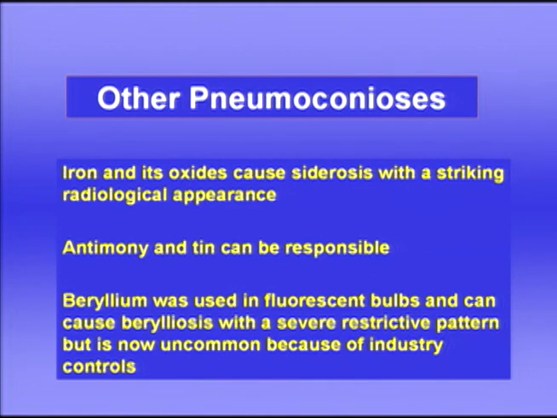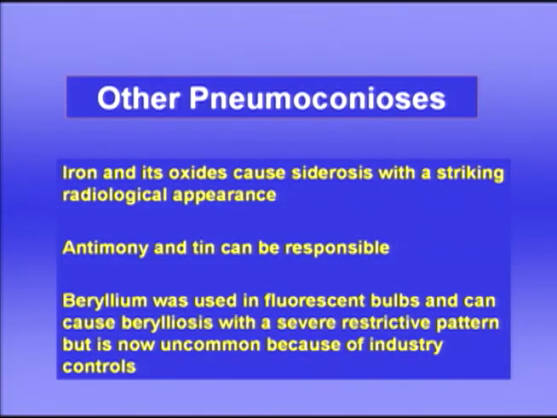The radiograph shows very, very black marks on it because the iron absorbs the X-rays, of course, and so you get tremendous markings on the X-ray. I say black. With the normal radiograph, they show up as white, but I mean they absorb the X-rays, of course. Antimony and tin can cause pneumoconioses, and one I should mention is beryllium.